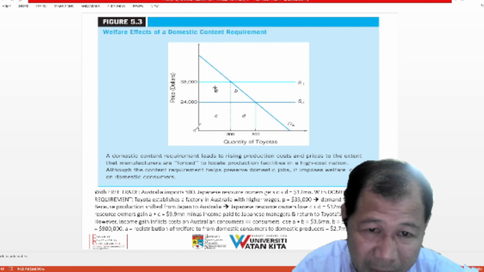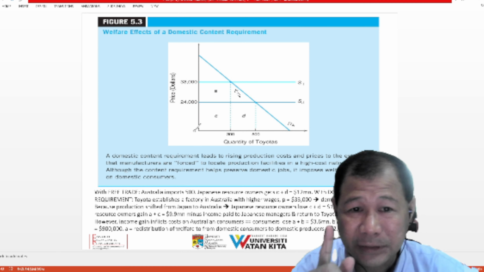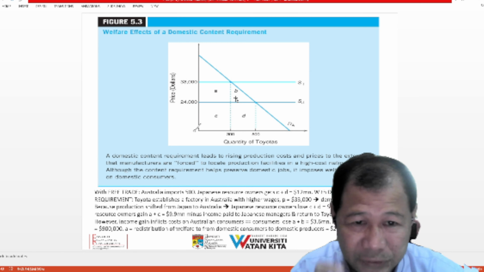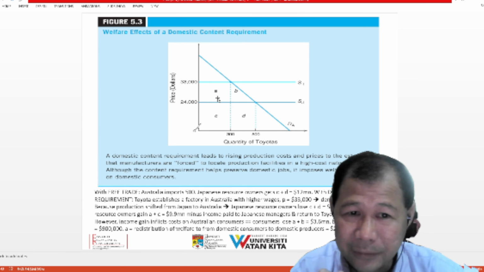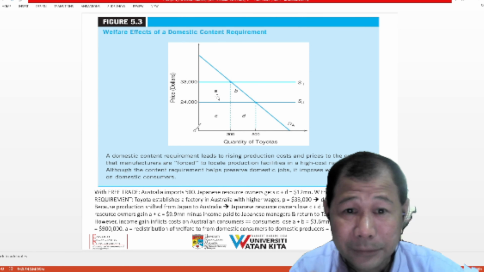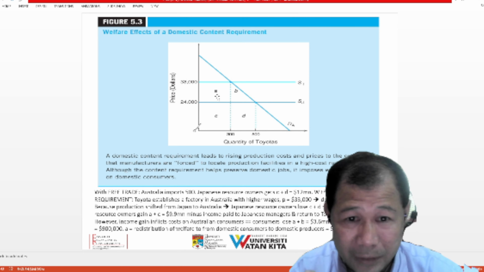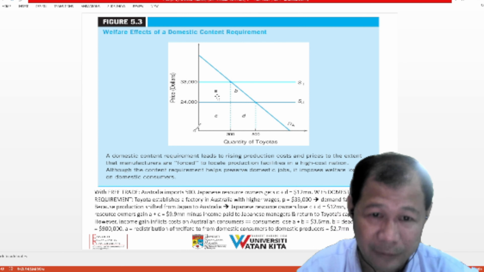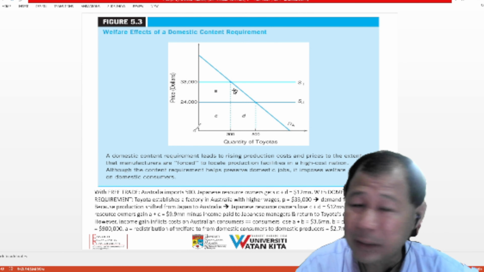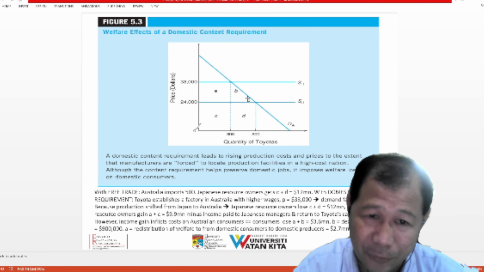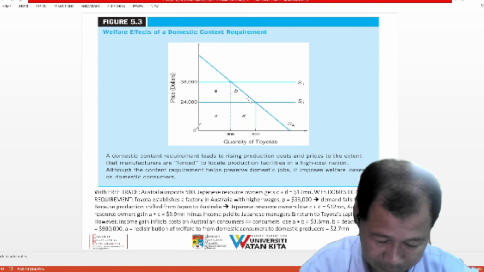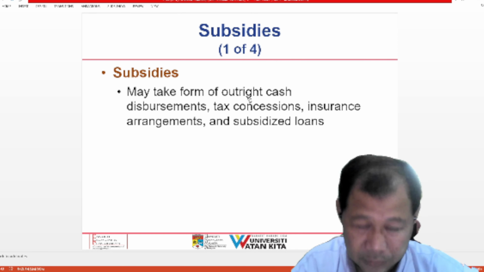Consumers lose A and B, plus the whole country loses B, which is deadweight loss. A, consumers lost it, but it goes back within the country to producers, but B doesn't go to anyone. So B is a deadweight loss.